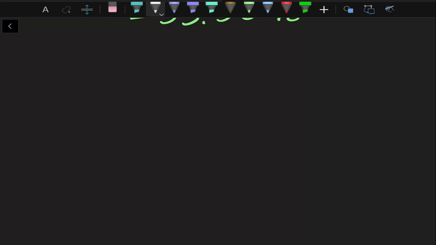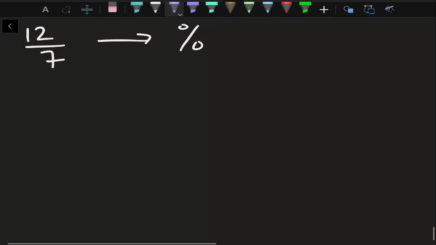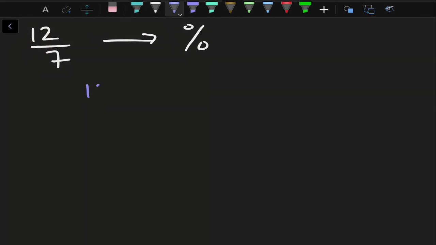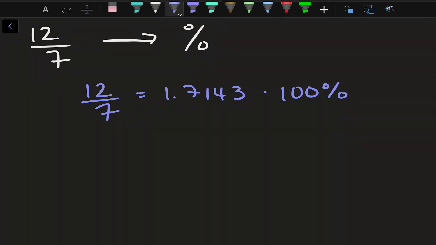Another example, 12/7 to a percentage. Okay, so again, we're going to do both ways here. 12/7 is equal to 1.7143, and if I multiply that by 100%, I get an answer of, move this twice, 171.43%.